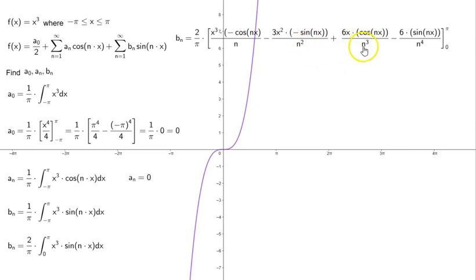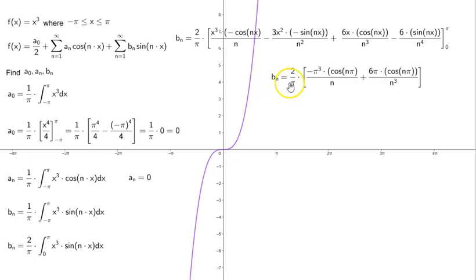Of course, since n square is already there, it will become n cube. Again, minus derivative of 6x times the integral of cos nx, which is sine nx by n to the power of 4. And this, we have to evaluate from 0 to pi.